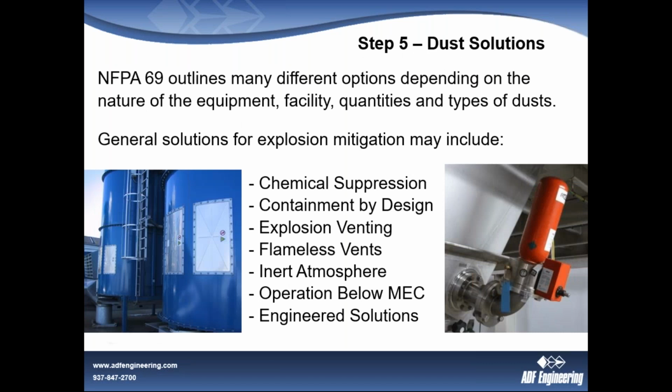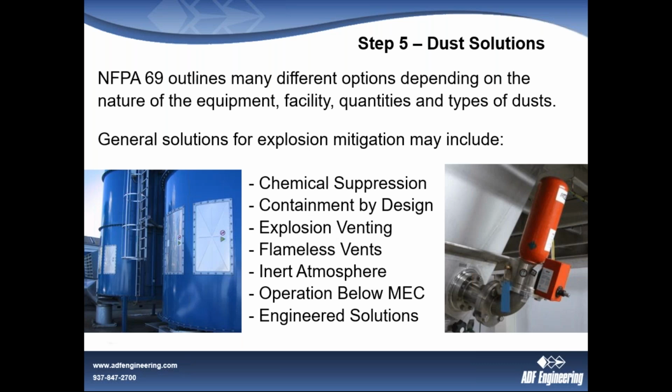You'll find most of these things outlined in NFPA 69. That's where the description is of all of the different types of implementation plans or different methods that exist for explosion suppression, mitigation, and isolation. Of course, chemical suppression is certainly available.